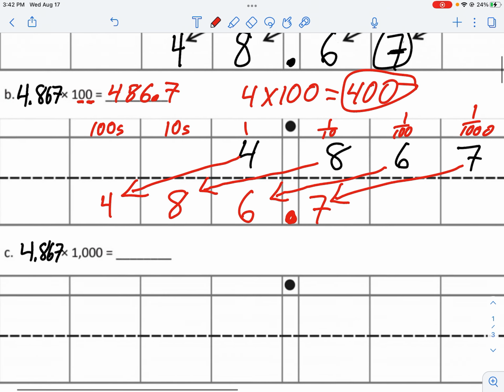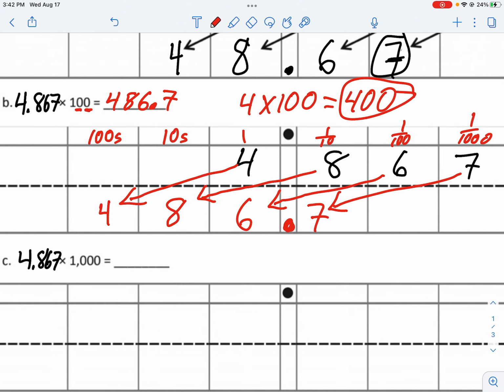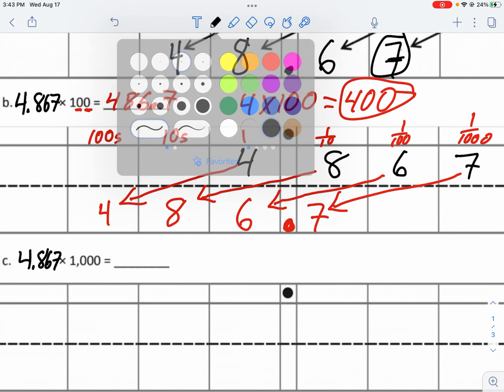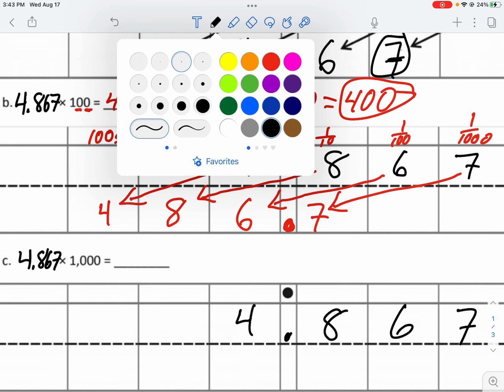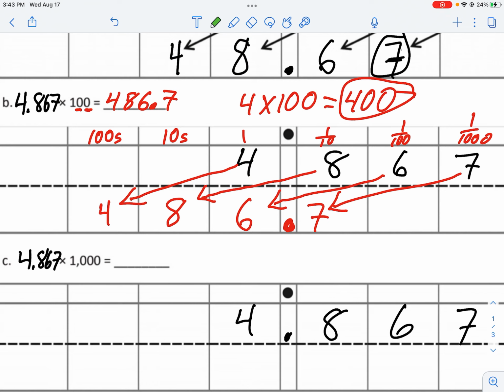Now on the next one, they take it further, and everything starts off in the same place. Don't forget our decimal right here. The decimal basically stays in the same place. And this time, we're multiplying times 3 zeros. So we're actually moving over 1, 2, 3.